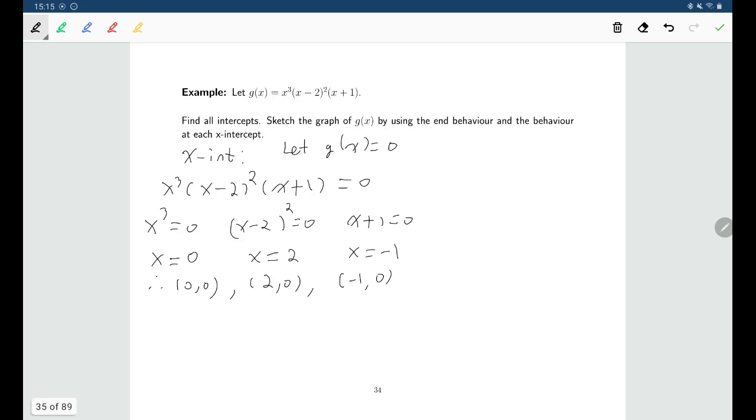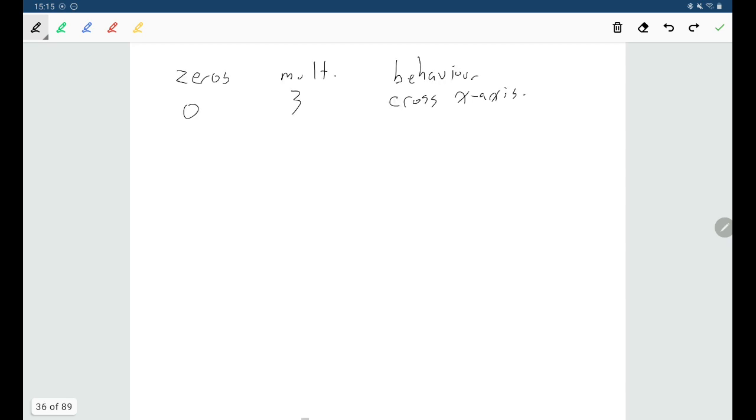If we look at x being 2, that came from (x minus 2) squared, so multiplicity of 2, and that means we're going to touch the x-axis.